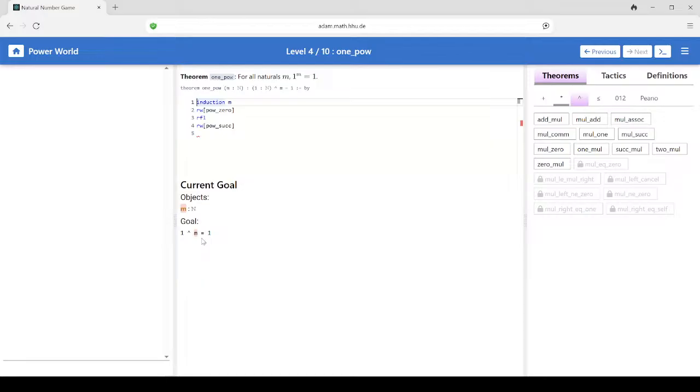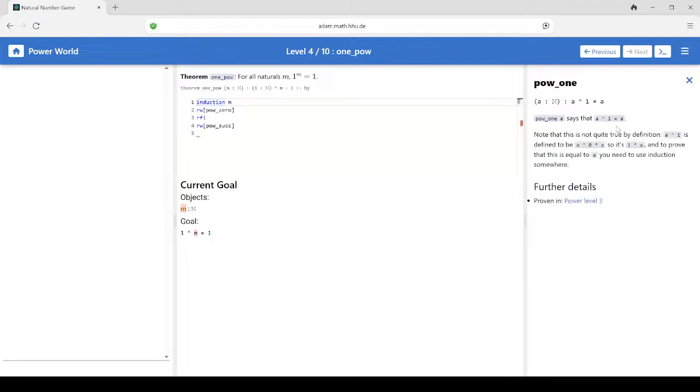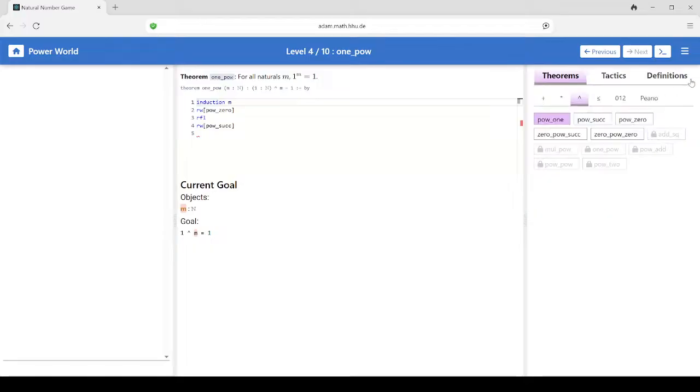One to the power of anything equals 1. Is this simpler than I think it is? Anything to the power of 1 says that anything to the power of 1 equals itself. No. Right, we want the opposite of this.